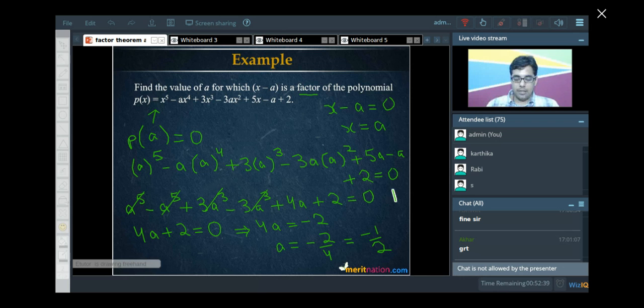Then this a to the power 5 will cancel out. Similarly, 3a cube minus 3a cube will again cancel out. We will remain with 4a plus 2 equals 0. From here we have 4a equals minus 2, and then a equals minus 2 by 4. It will become minus 1 by 2, the value of a for this given polynomial.